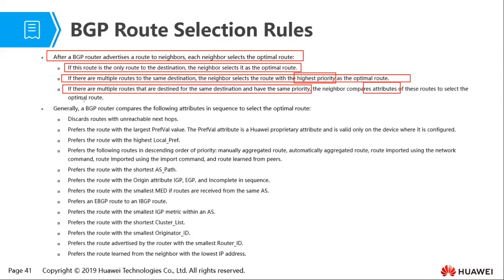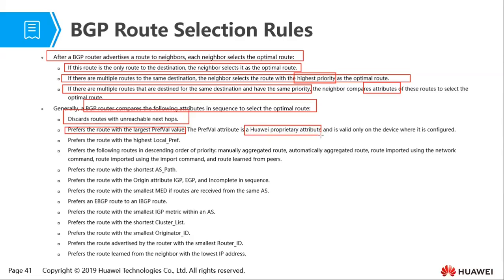Generally, our BGP router compares the following attributes in sequence. The first thing it will do is simply discard any routes that have unreachable next hops. Then it will prefer the route with the largest preference value. The preference value is a Huawei proprietary attribute. We're going to look at it just now, and it is valid only on the device where it is configured.